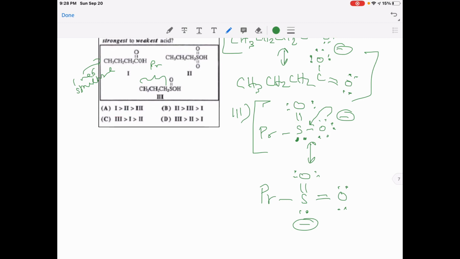But we're not finished yet. Since there is a negative charge in the sulfur, it can also be delocalized again to the neighboring oxygen atom. So if we do that, what do we find?